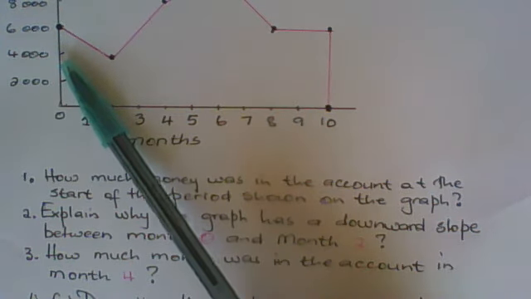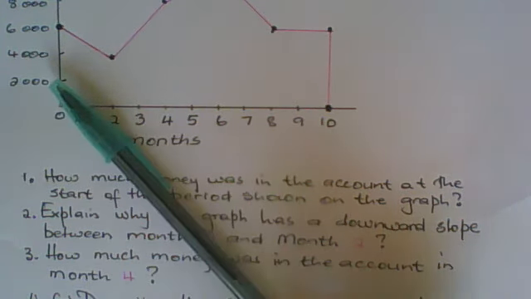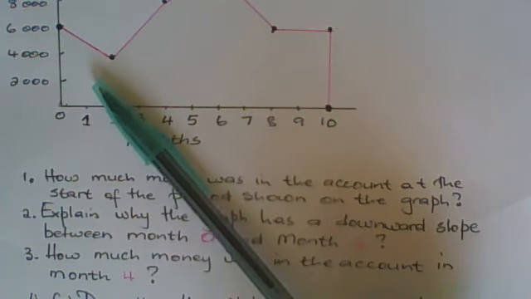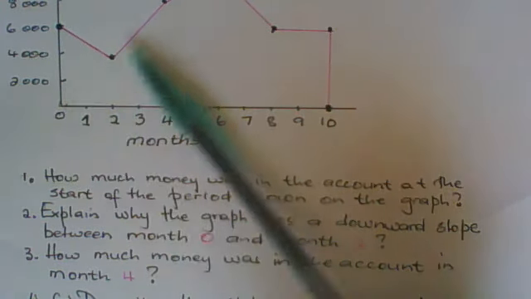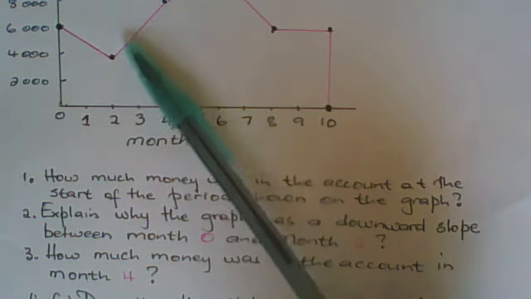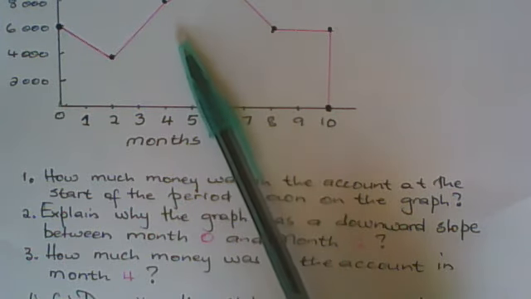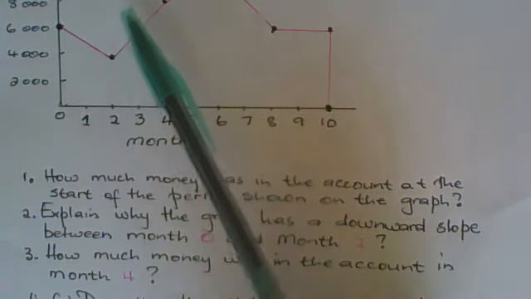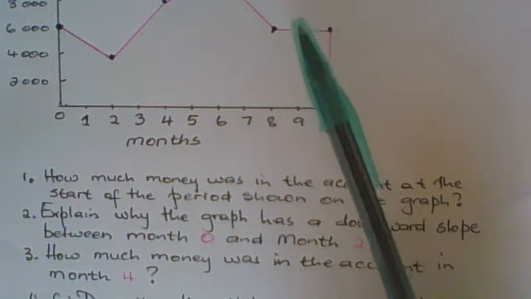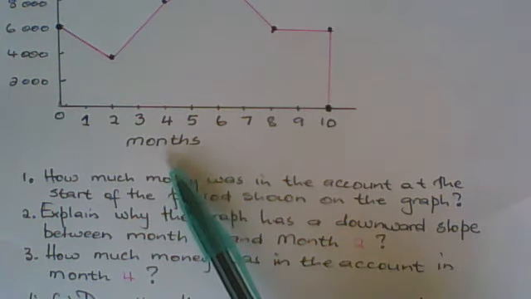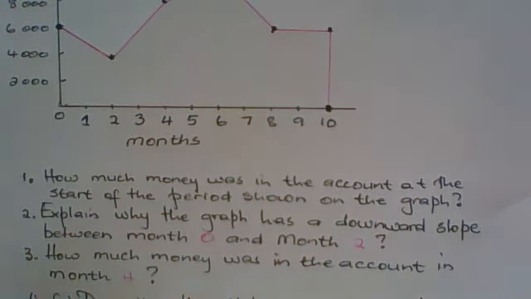Something was taken out. The graph will tell you if something was taken out, it will have a negative gradient. If it was put in, that means if it was deposited, then it will show an increasing graph. Negative, positive, positive, negative. So, explain why the graph has a down slope between those months: because a withdrawal of 2,000 was made.